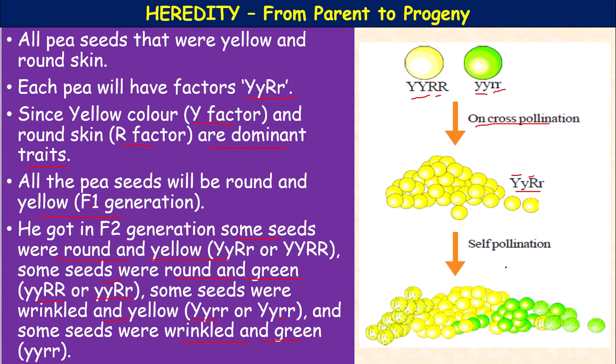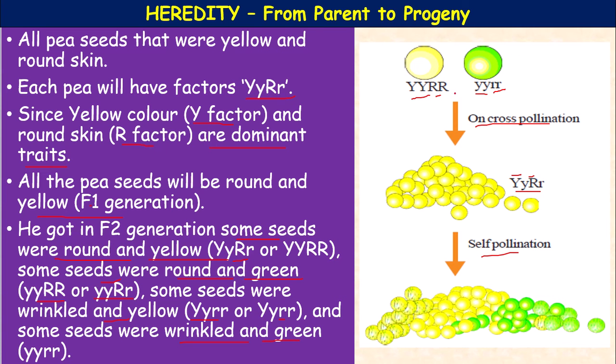When these are self pollinated, these are produced: capital Y, capital R, small r, and some are capital Y, capital R, and some are small y, capital R, or small y, capital R, small r, or some of them are small y, pure green, small y, small r, round and wrinkle.